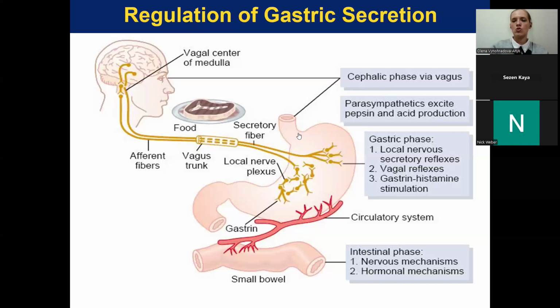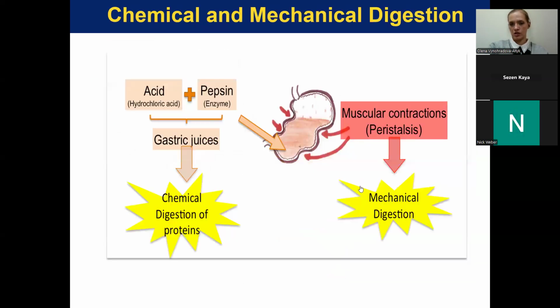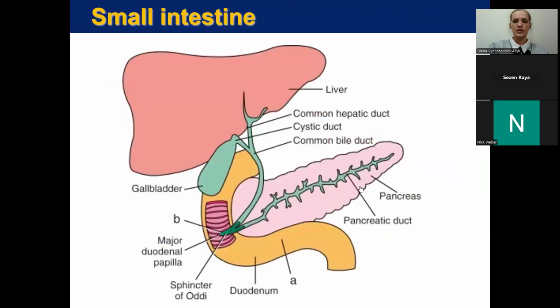Also, a little bit, about 10% of gastric juice production happens during the intestinal phase, when food moves to the intestine, and this time we have nervous and humoral mechanisms of regulation of gastric juice production. Okay.